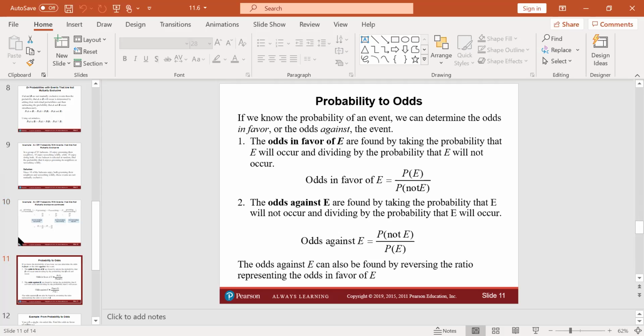So it's like saying, if there's a 5 to 7 chance in favor of me winning a race, well, there's 12 total chances in the state of nature. 5 of them go my way. So a 5 to 7 chance in my favor means I have a 5 over 12 chance of actually winning. That's my actual probability. So it's a ratio of it going your way to it going against you.